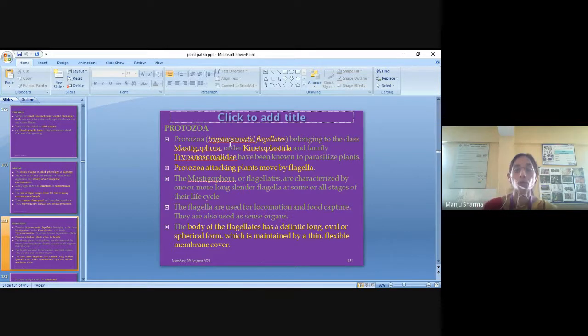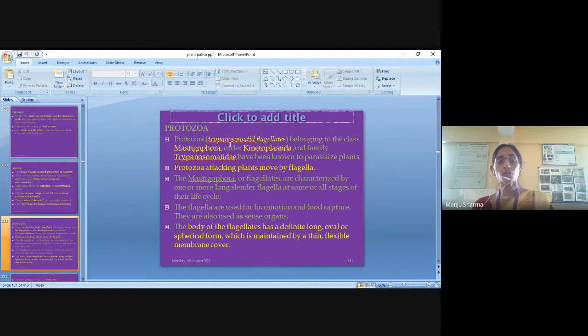After that, protozoa. Protozoa belonging to the class Mastigophora, order Kinetoplastida, and family Trypanosomatidae are known as parasites of plants. Protozoa attacking plants move by flagella.